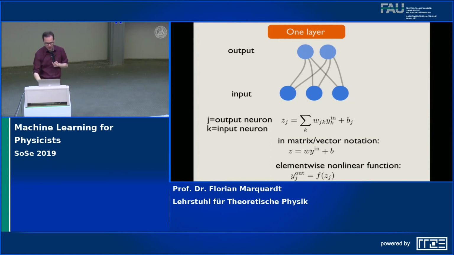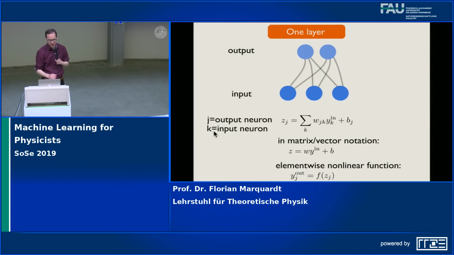But okay, so we have one output layer, we have one input layer. I will use for now the index j to number all my output neurons. So in this case, maybe j is 1 and j is 2, and these are the two output neurons. And then there's an index k by which I number all my input neurons.